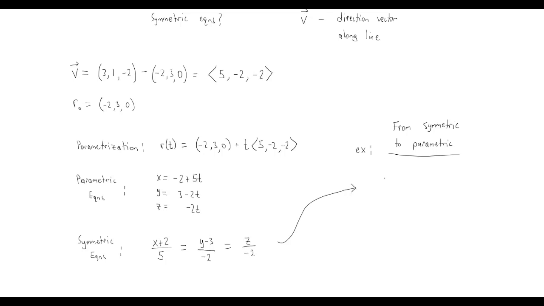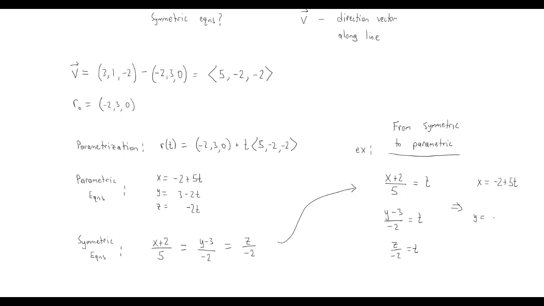So starting with the symmetric equations, you just take each part of the equation, set it equal to t. And then if you just solve for x, y, and z, you will recover the parametric equations.